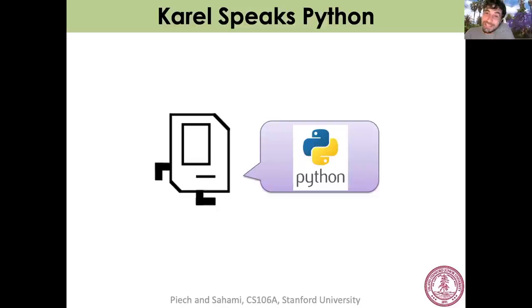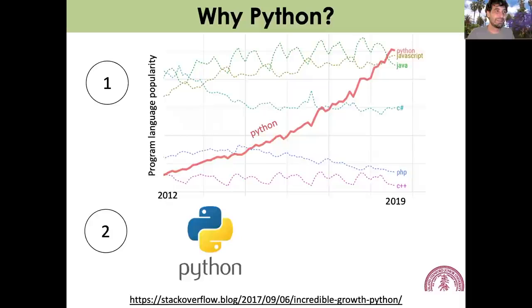Karel is a little robot who doesn't speak that much English. In fact, Karel speaks a different language called Python. Python is a programming language, and a programming language means it's a language that you can use to teach a computer to do interesting and cool things. There's a whole bunch of programming languages. There's Python, there's C++, there's Java. They all do very similar things, and they all require the same skill, that is how to program, what we call computer science at Stanford.